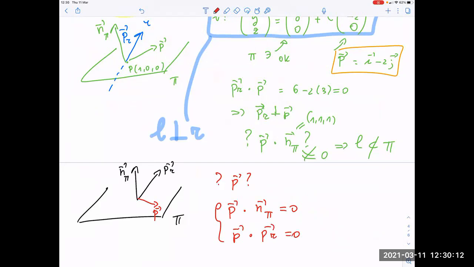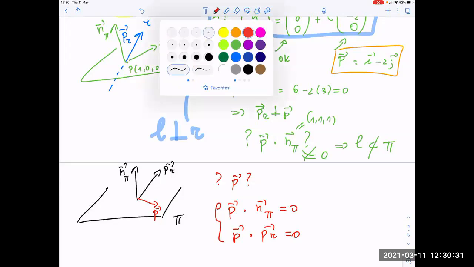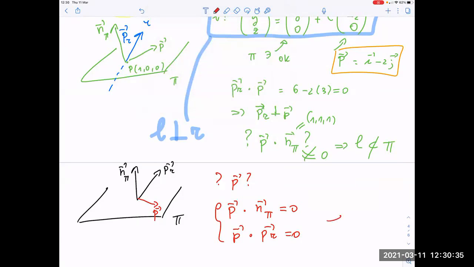So these are the two conditions we want to satisfy. Salvatore Lagrasta says, well, why don't we take the cross product of PR and n pi to do that? That's a very nice idea. So let me write it. So now you can solve this.